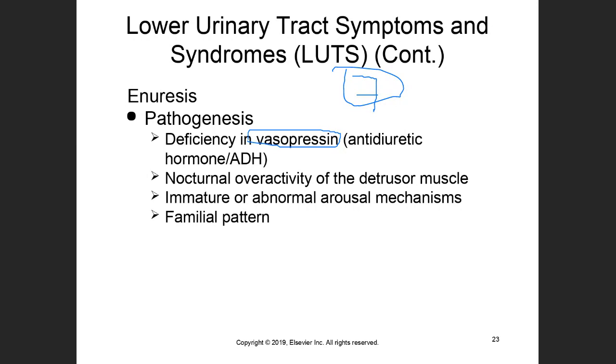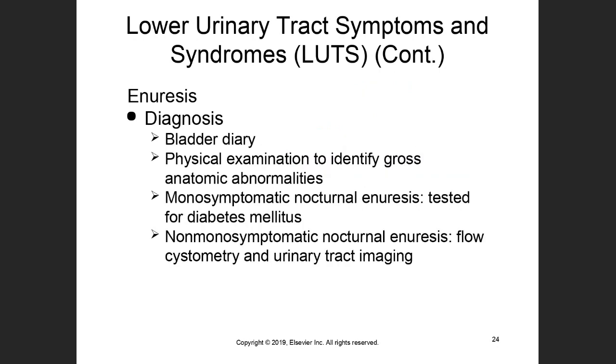And if all the natural ways fail, then you use the vasopressin. And if that one fails, then you have to do further investigation. You have to do urinalysis, imaging of the kidney to see if there is any anatomical abnormality, or any other condition.